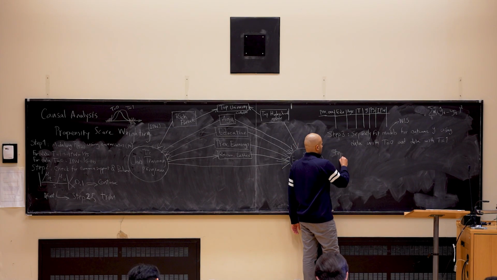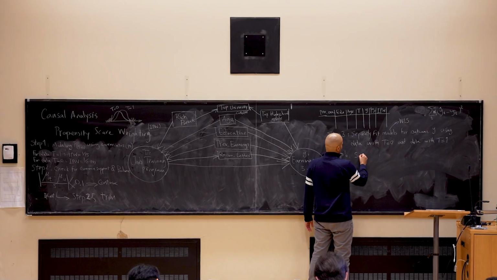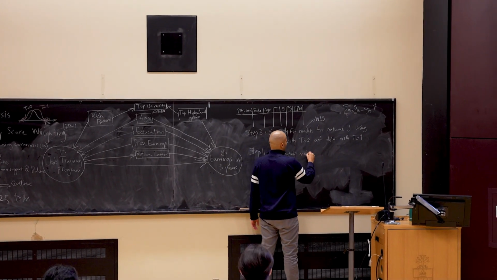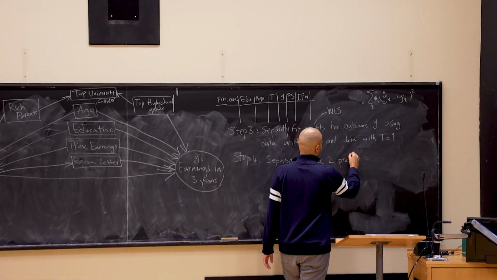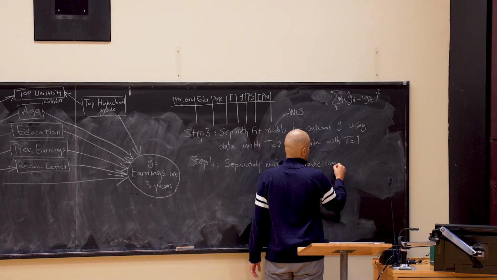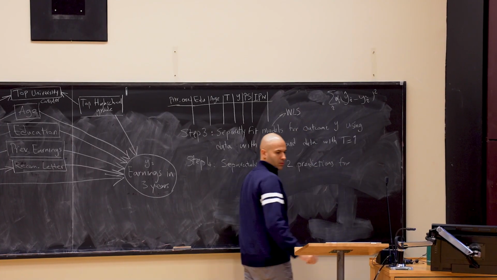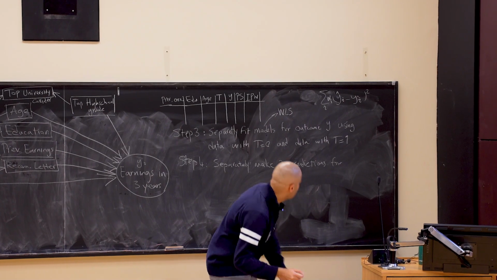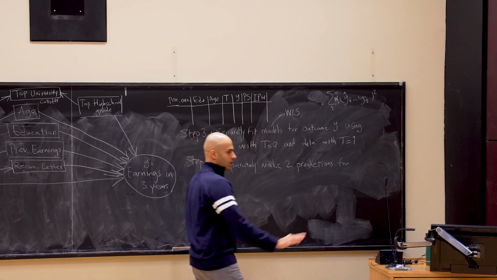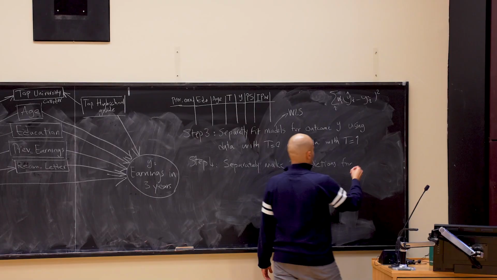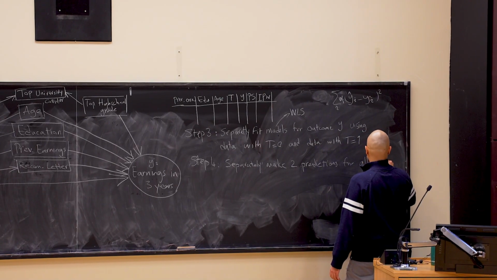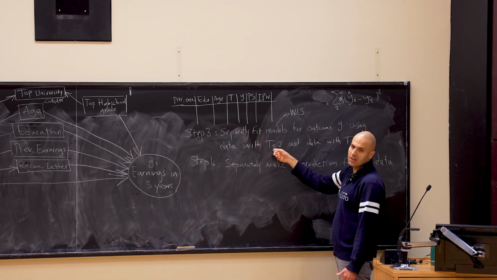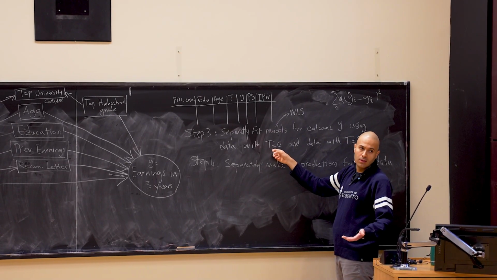Step 4. Separately make two predictions for all data points. I hope you all can see the board. So I have a model that I fit using the people who did not participate.